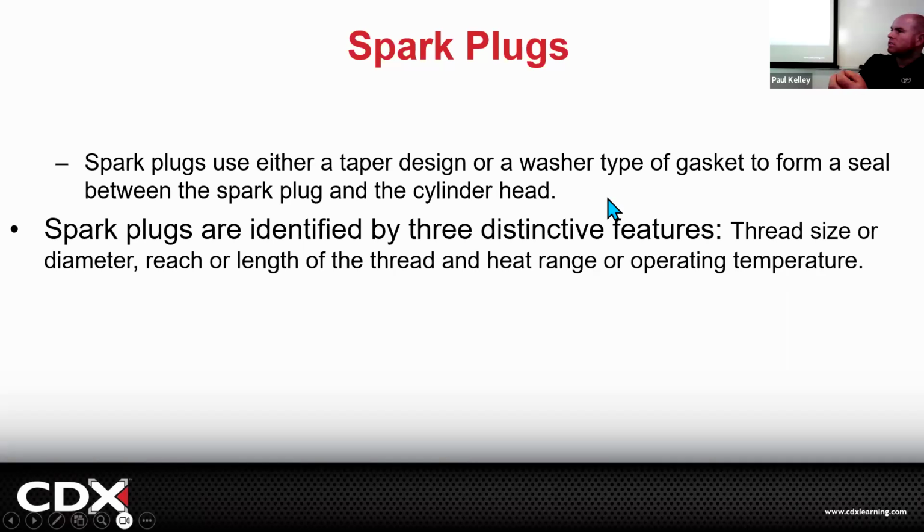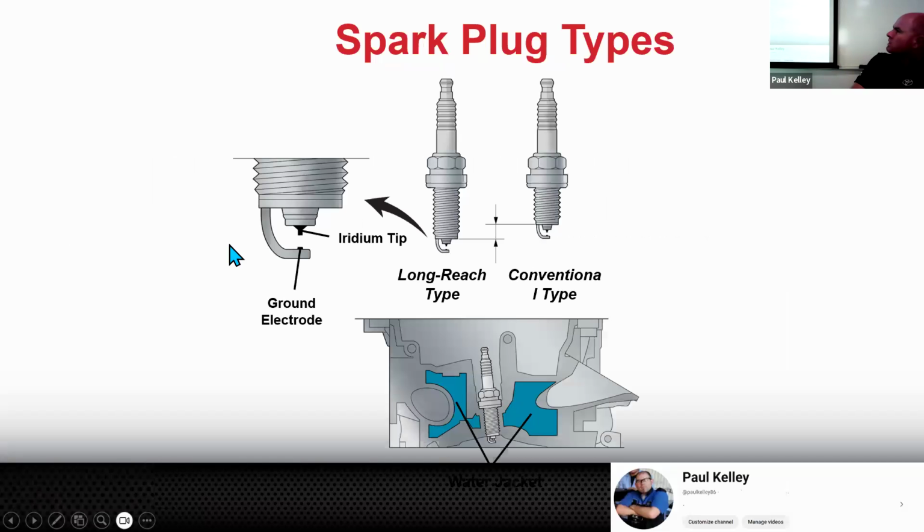Small spark plugs are a different thread size than larger spark plugs. They won't thread in, but they also have reach length. See how this one's kind of short? Imagine if you took out a short reach spark plug and put in a long reach. That's going to go further into the cylinder, right? Maybe so far that the piston hits it and you blow a hole in your piston. Make sense?